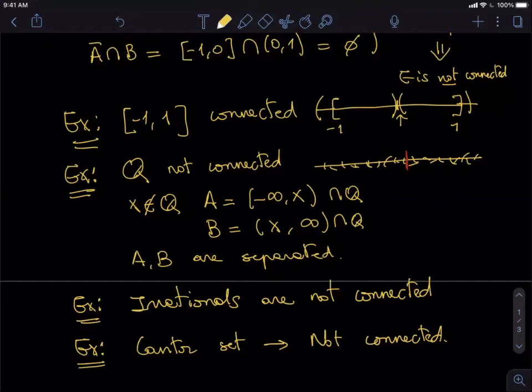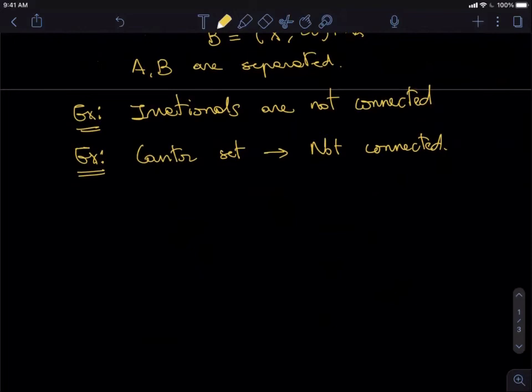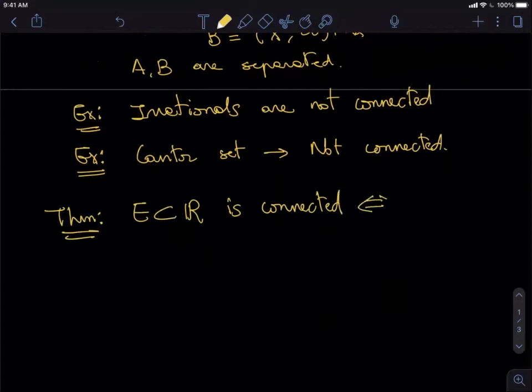The nice thing about connected sets in the real numbers is that they are very easy to characterize. There is this theorem that says that if we have a subset of the real line, it's going to be connected if and only if it is an interval. What do I mean?